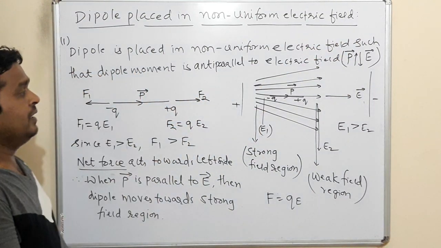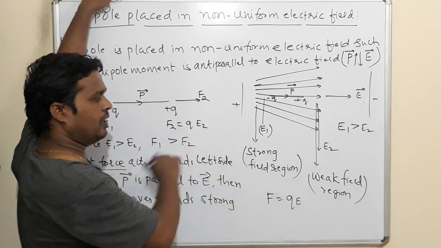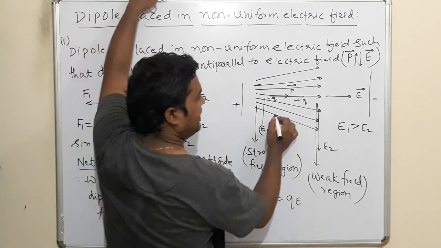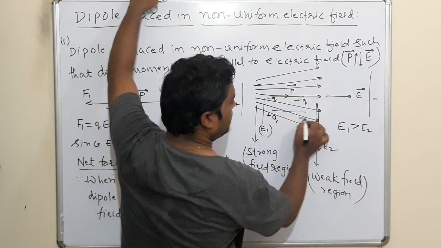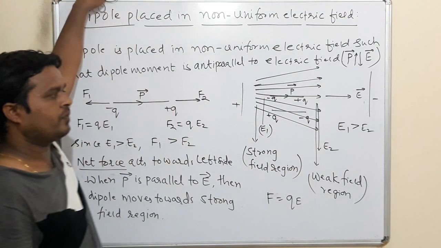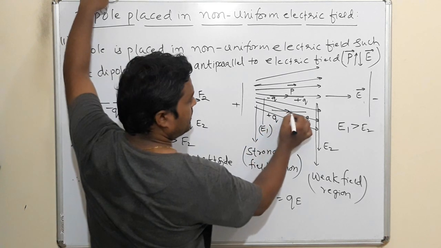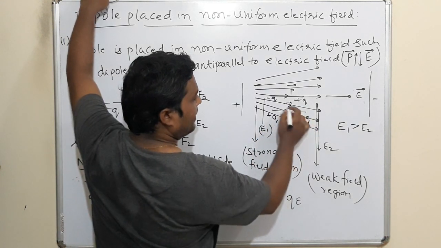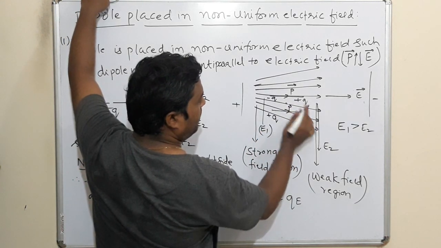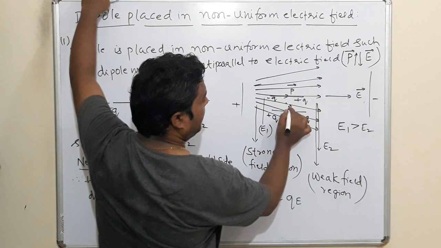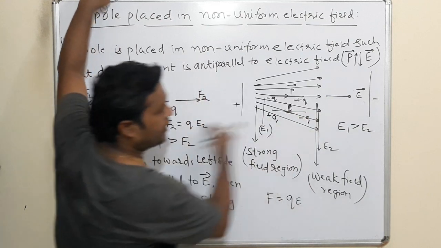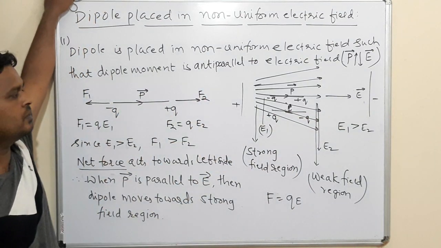If it is placed in the opposite direction like this, here this will be plus Q, this will be minus Q. This is my dipole moment. The dipole moment will be from minus to plus. Now it has become anti-parallel to the electric field in this direction.